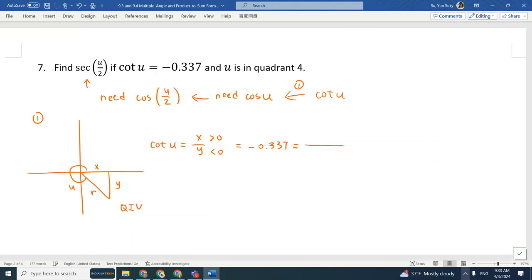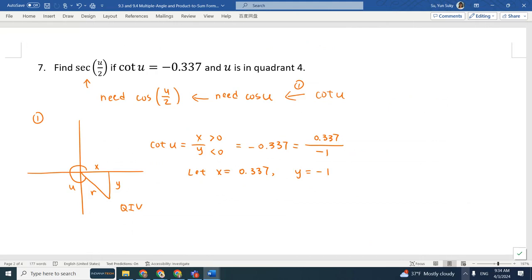You can put 0.337 over 1, and because the y is negative, you put the minus in front of the 1. If you have a fraction like 4 over 5, then you get 4 over 5. But if you get a decimal, then you just put it over 1. So by comparison, we can let x be 0.337, and we let y be negative 1.